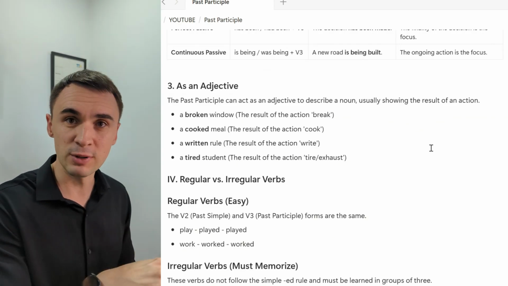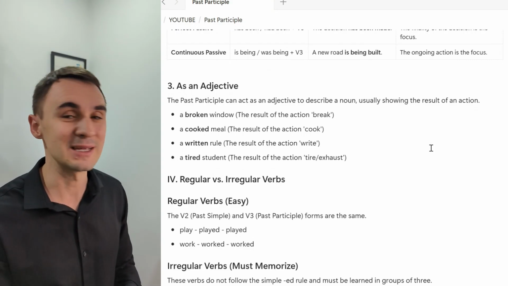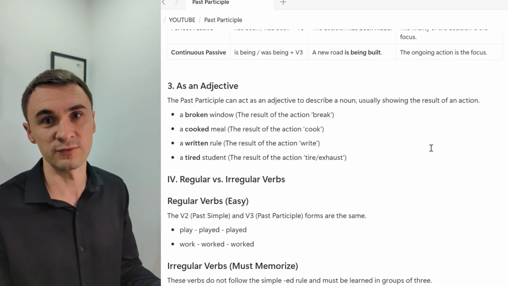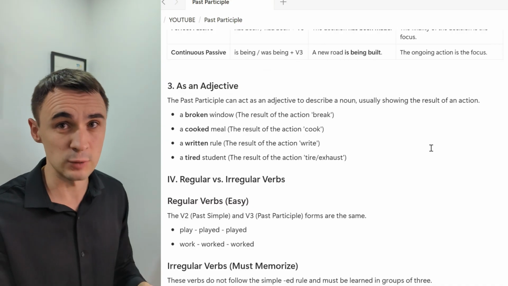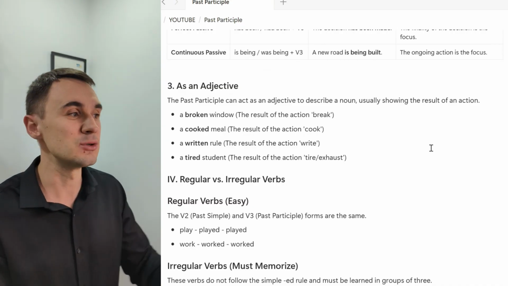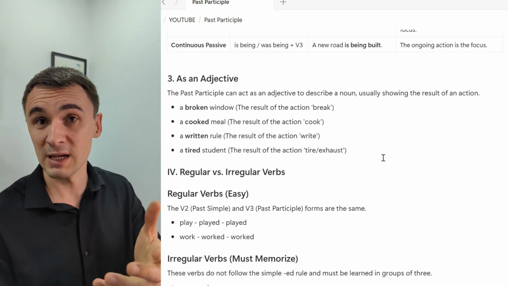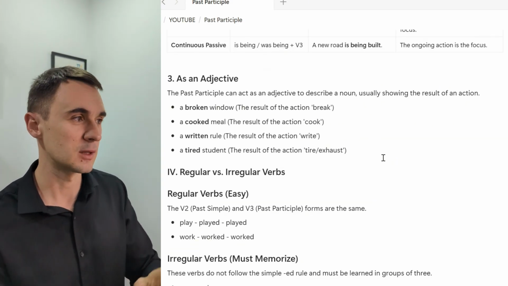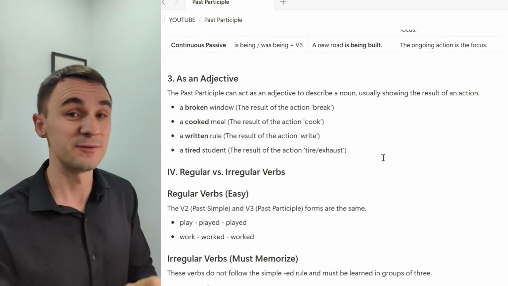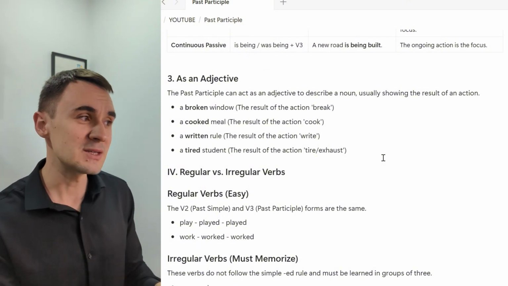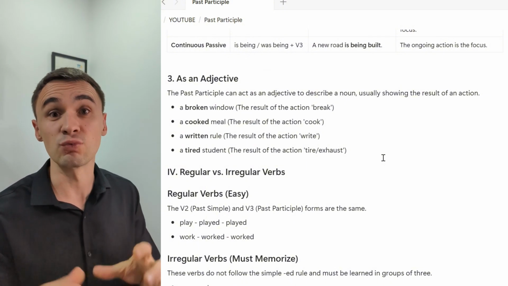Now, the verb became an adjective by adding ed and creating a third form, or if it's an irregular verb, just taking the third form and using it as an adjective. Couple more examples. A written rule, or maybe unwritten rule, yeah? Quite a common collocation in this case. Fixed phrase. In this case, the result of the action write, okay?